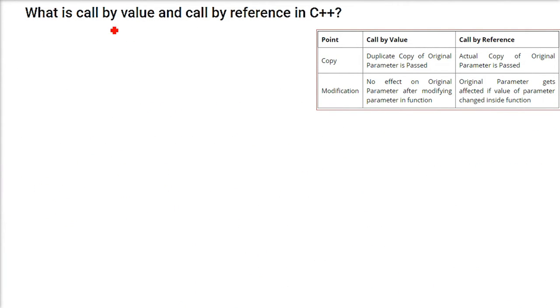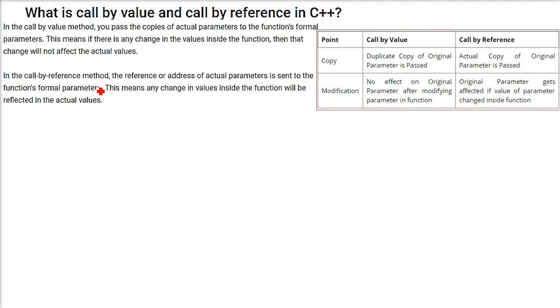What are call by value and call by reference in C++? Let us start with an example. You have a main function. Then there is a function I am calling, say fun is the function name.